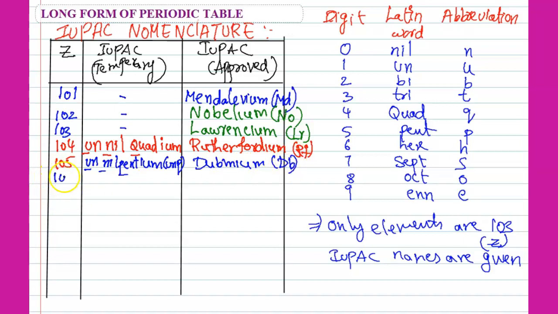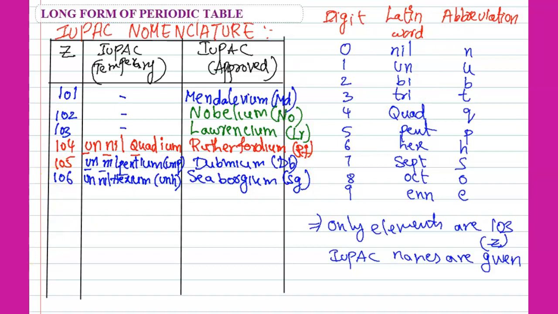Next, 106 means un, nil, hex, hexium. So Unh, given as Seaborgium, symbol Sg.